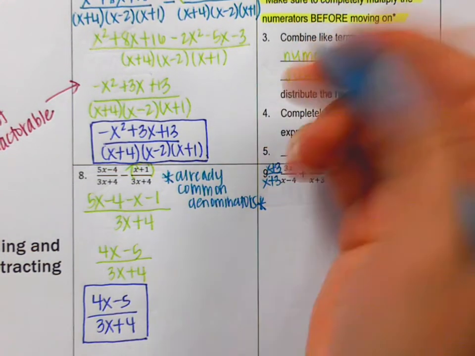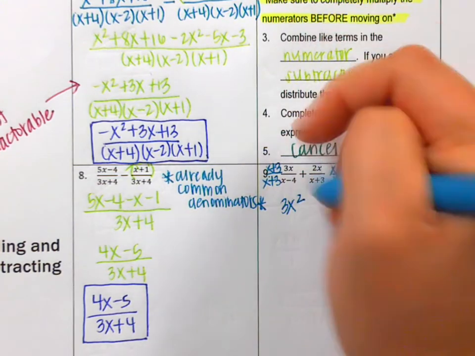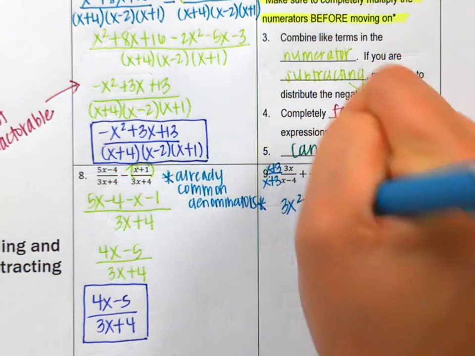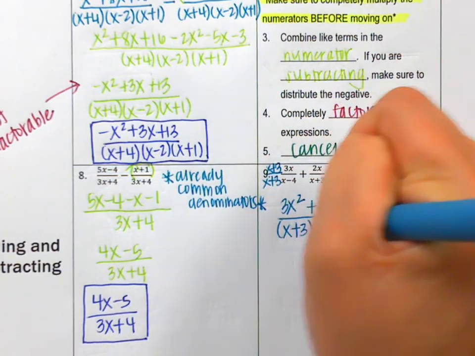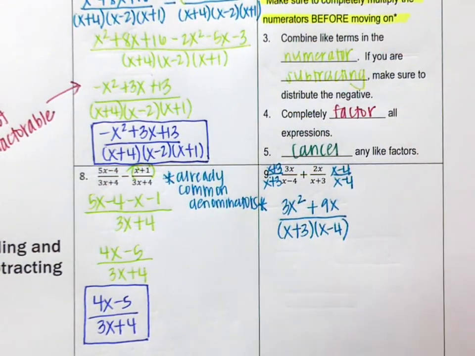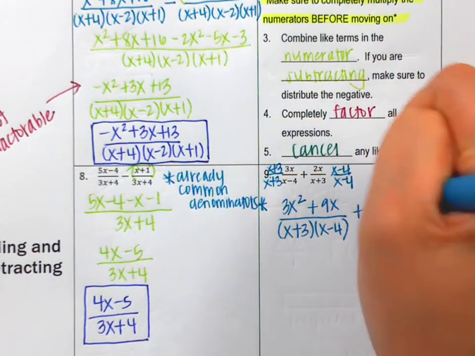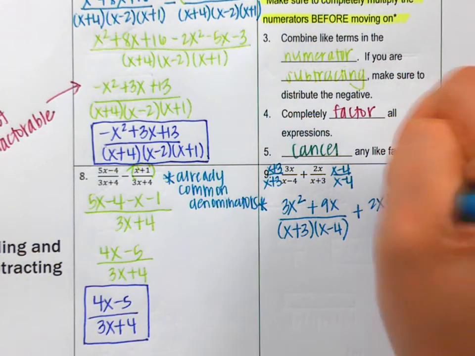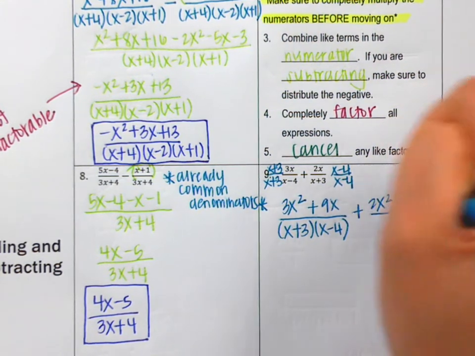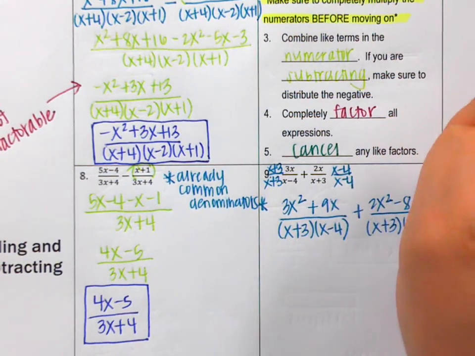So 3x times x is 3x squared, and 3x times 3 is 9x over, I'm not going to multiply these together. We just multiply the numerators together. Plus 2x times x, which is 2x squared. 2x times negative 4 is negative 8x. And then all over x plus 3 times x minus 4.